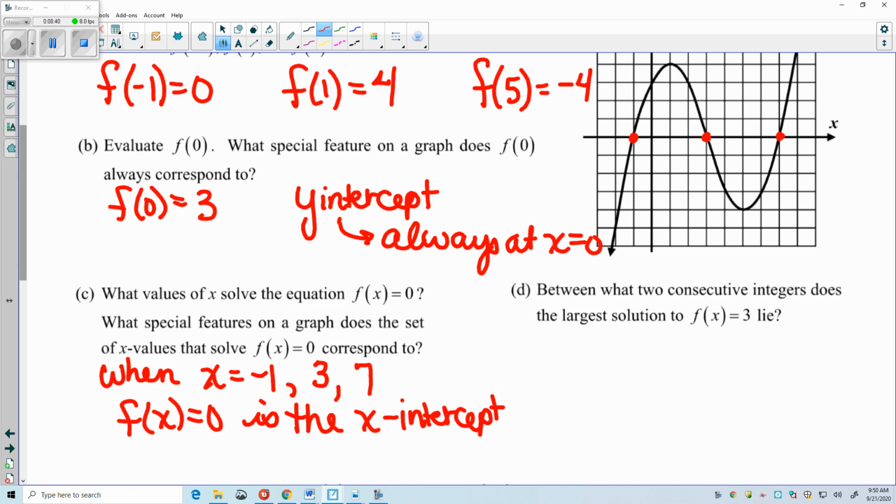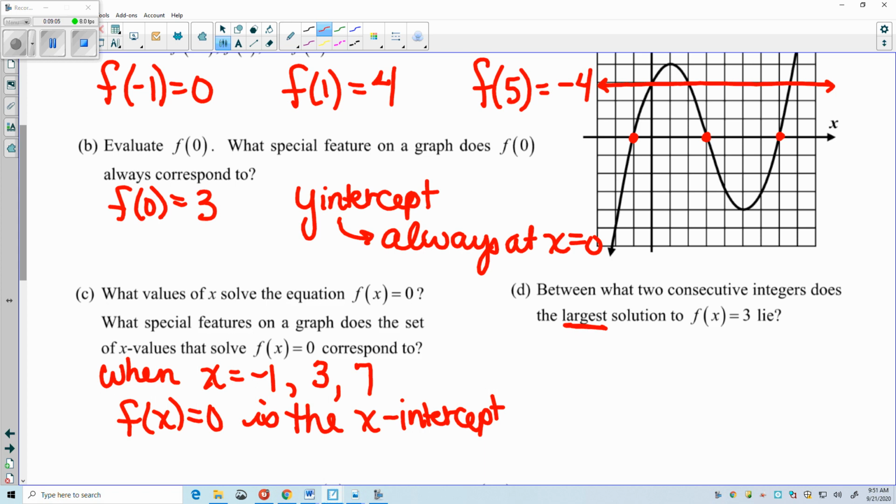And then it says between what two consecutive integers is the largest solution to f of x equaling 3? So the function equals 3. The y value is 3. So I'm going to go up on the y-axis 1, 2, 3. So f of x equals 3 would be anywhere on that horizontal line, and they want the largest solution.